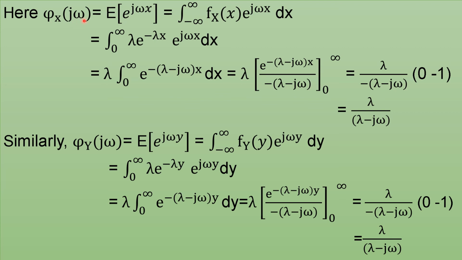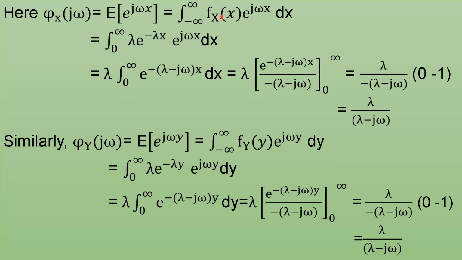Phi x of j omega, which is expectation of e power j omega x by the definition of characteristic function, which is integral from minus infinity to plus infinity fx of x into e power j omega x dx, definition of the expectation.